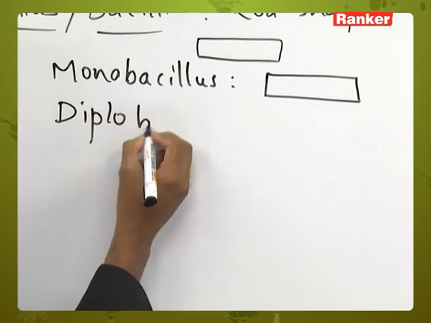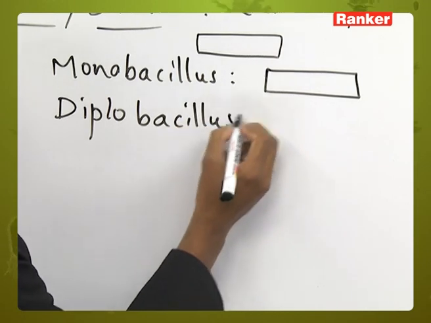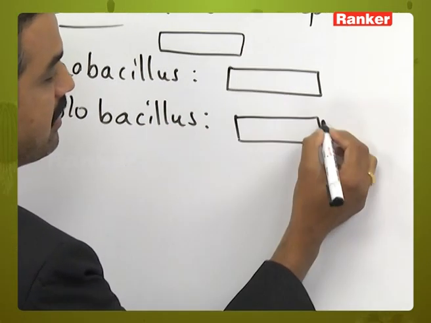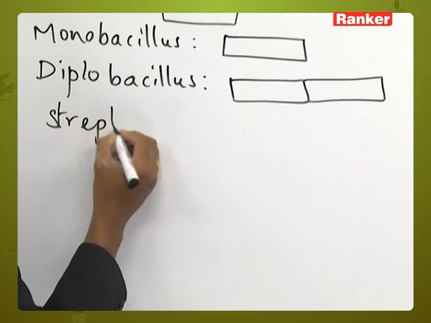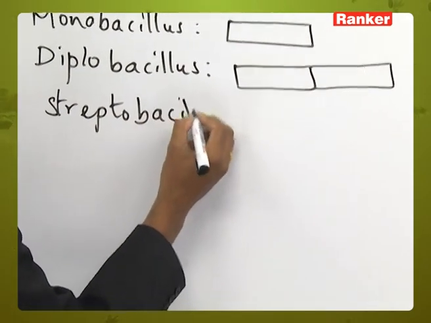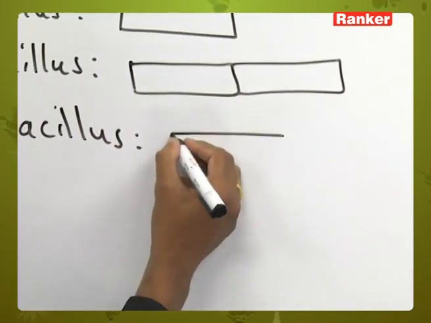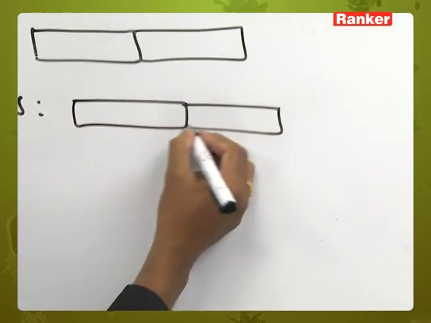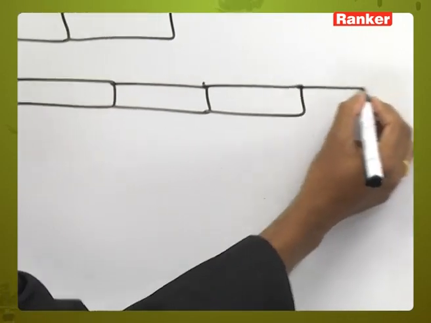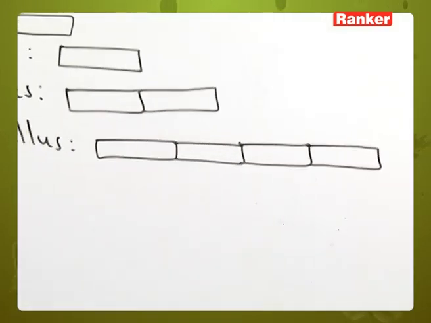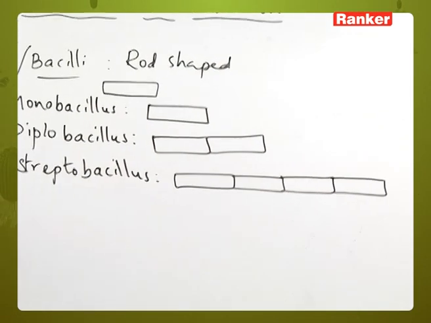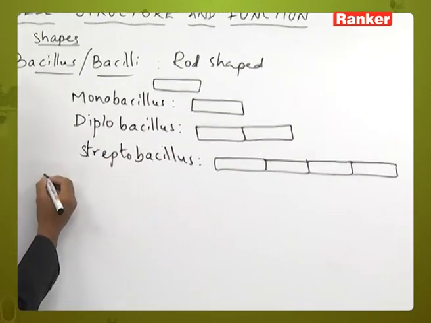Diplobacillus, 2 rod shaped structures are present. Then Streptobacillus. Strepto means a chain of rod shaped structures is present. So this type of bacillus is there based on the arrangement and the number of rod shaped structures.